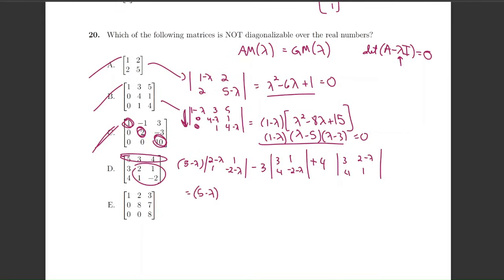That gives 5 minus lambda times lambda squared minus 4 minus 1, so minus 5, minus 3 times negative 3 lambda minus 6 minus 4, so that's minus 10, plus 4 times 3 plus 4 lambda minus 8, so 4 lambda minus 8. Wait, minus 5, I think. Okay, so we can just start adding these together.